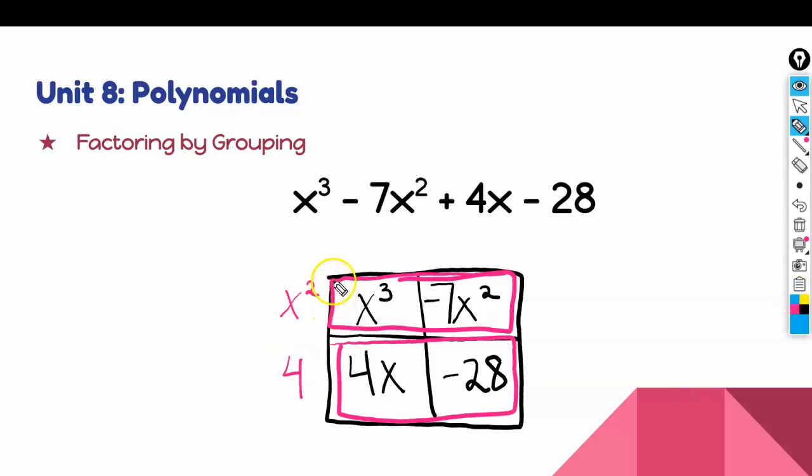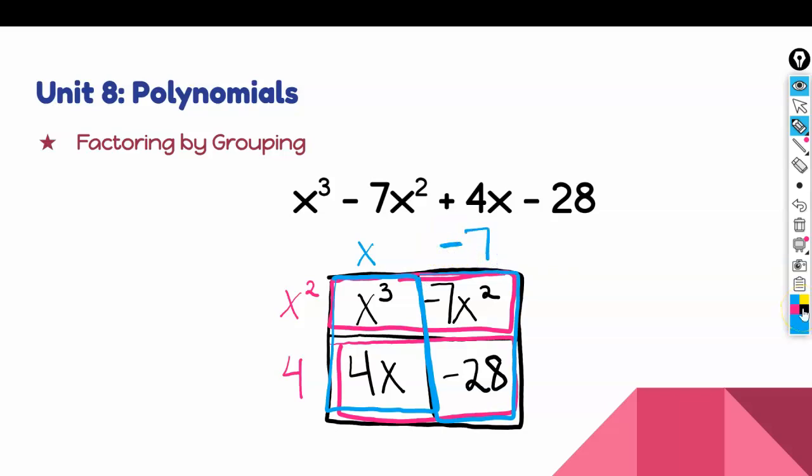Then I look at the columns, okay? X to the third and 4x have an x in common, just one, just x to the 1. And then negative 7x squared and negative 28 are both divisible by negative 7.